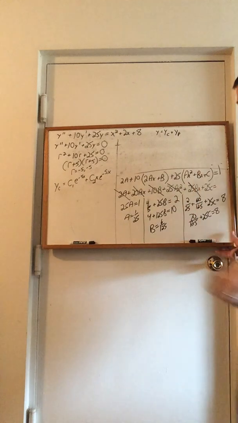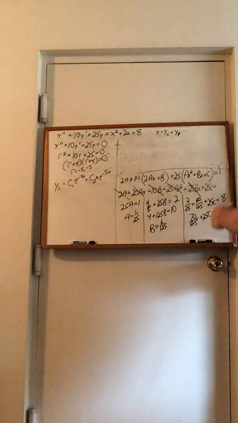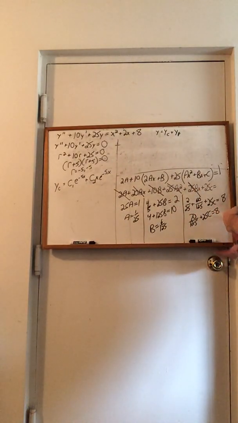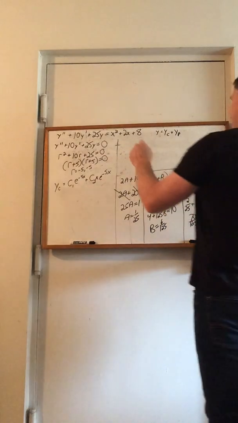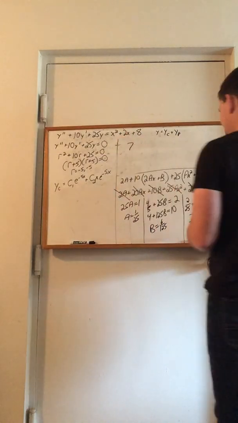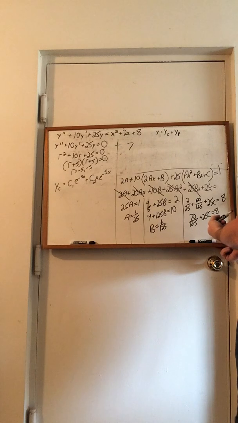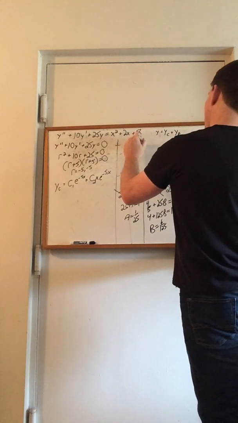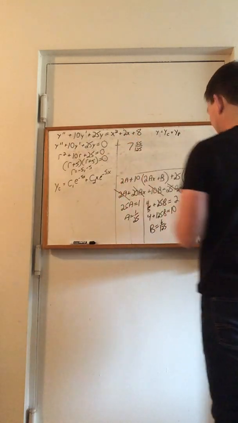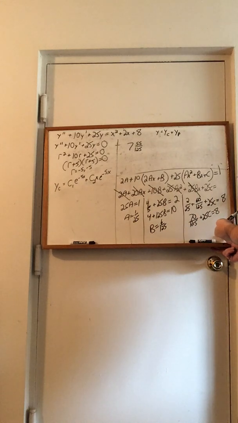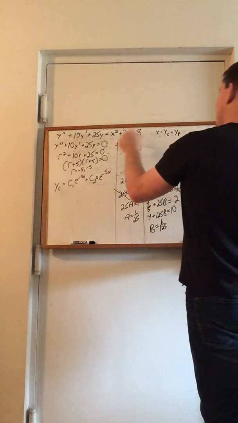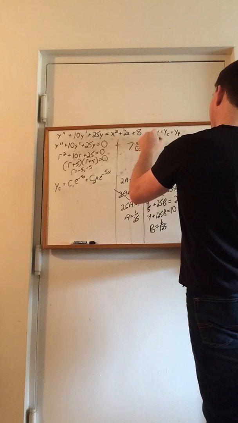So, 8 minus 70 over 125 is 7 and 55 over 125. Correct. So we get that is equal to 25c.